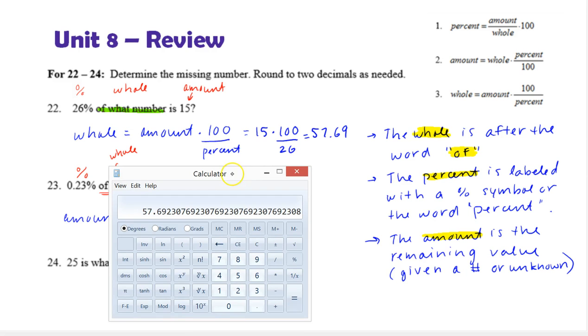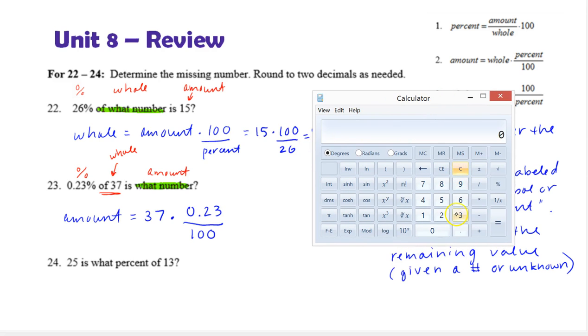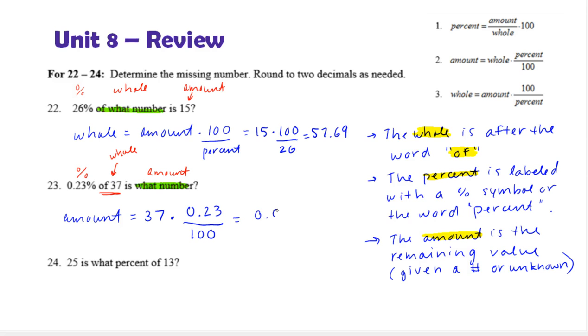And now let's multiply this out. 37 times 0.23 divided by 100. So it's 0.0851. Okay. And actually they told us to round to 2 decimals, so rounding, we would round up to 0.09.